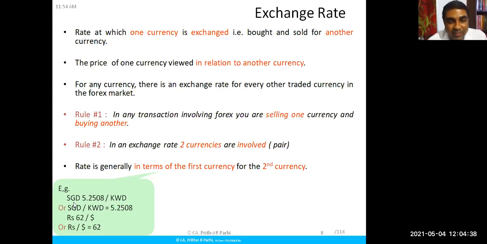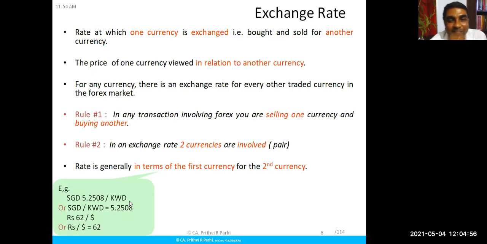Are you seeing it? Is it visible to you? SGD 5.2508 per KWD. That means Singapore dollar 5.2508 per Kuwait dinar.